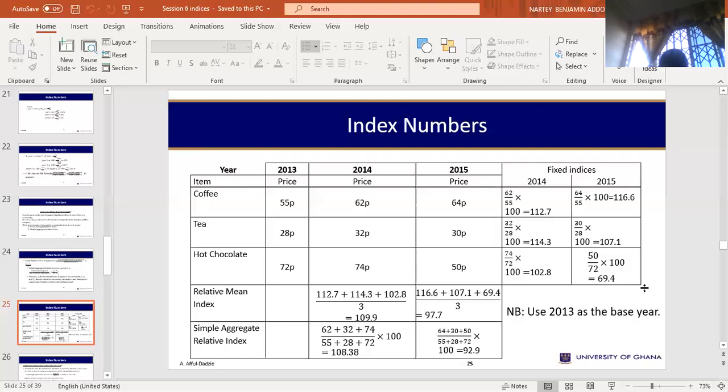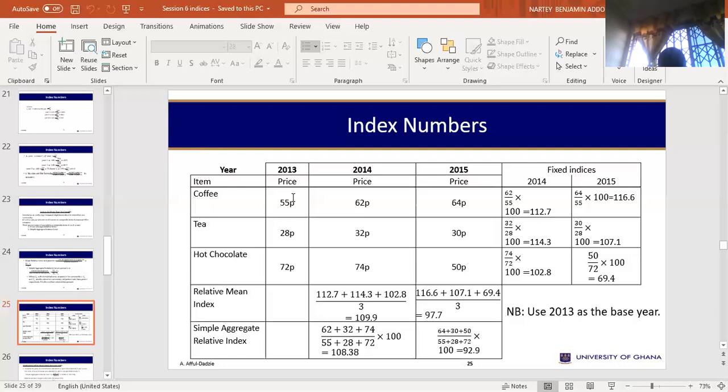So N will be the number of commodities under consideration. Now let's look at this example on the slide. We have coffee, tea, and hot chocolate, so there are 3 items.